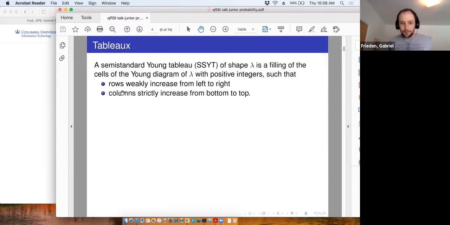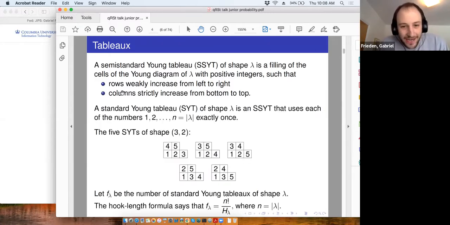Now a semi-standard Young tableau, or SSYT, of shape lambda is a filling of the cells of the Young diagram with positive integers so that the rows weakly increase and the columns strictly increase. In particular, a standard Young tableau is a semi-standard tableau where each of the numbers 1 up to the size of the partition appears exactly once.